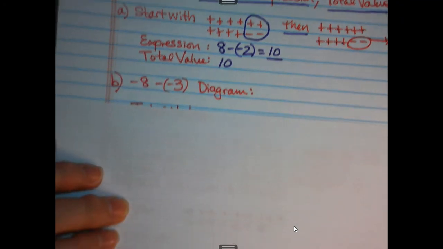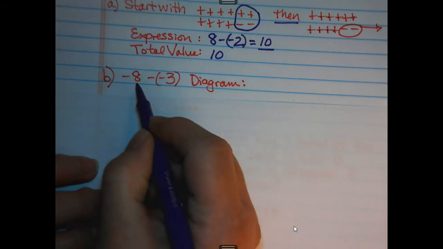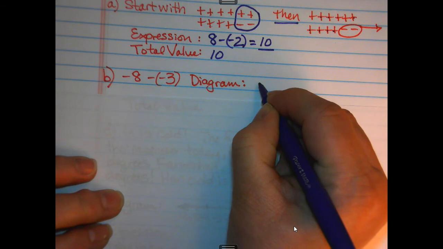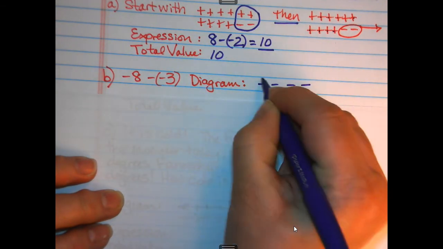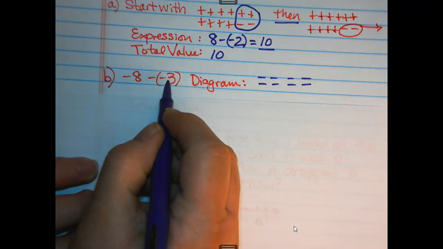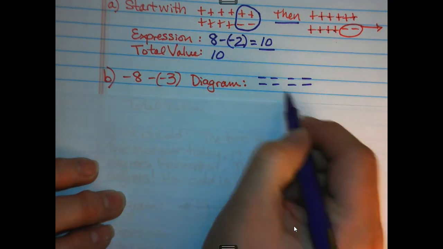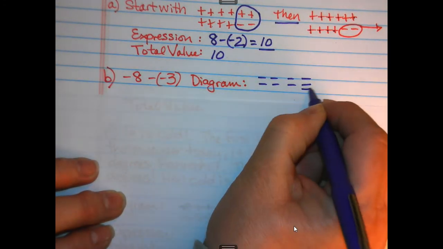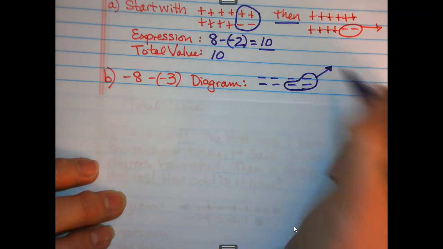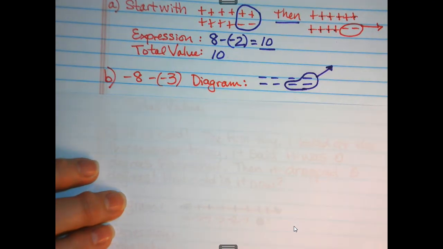The next one that I have, I've got a diagram that I need to do. This is my expression that I'm given. So I'm going to start with 1, 2, 3, 4, 5, 6, 7, 8. I'm subtracting negative 3. I have enough negatives to take away from this, so I'm going to carefully draw and make my arrow. So there's my diagram.